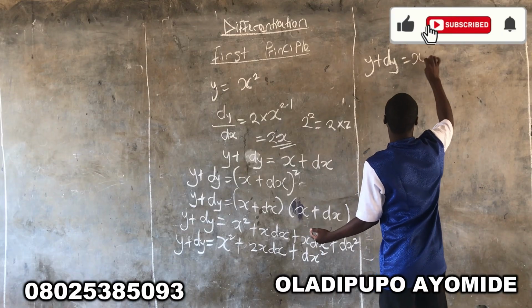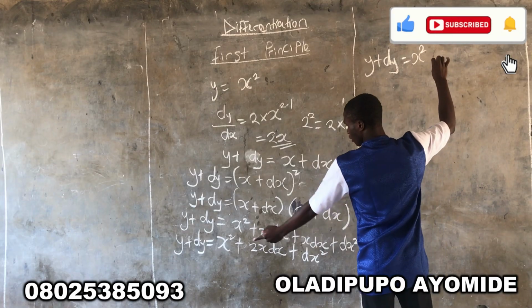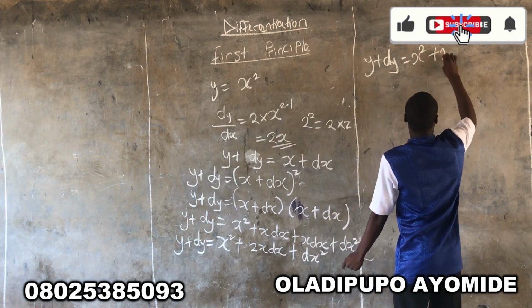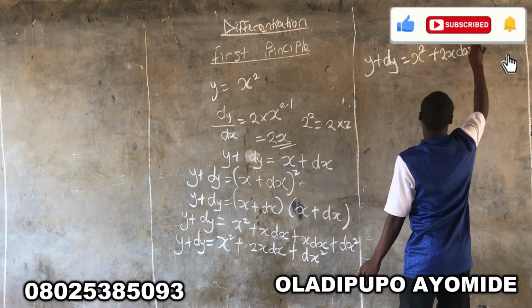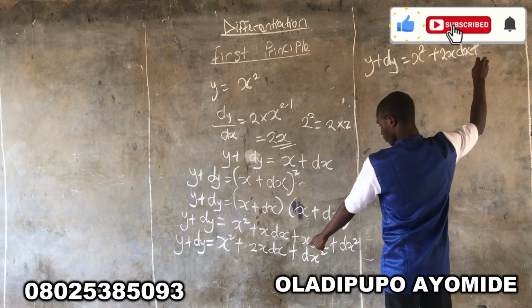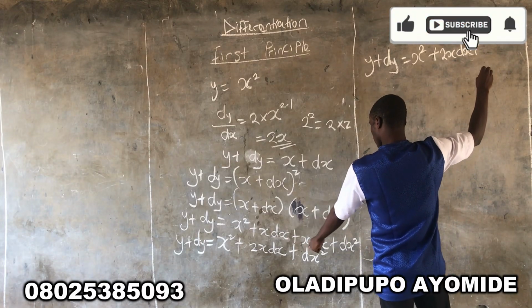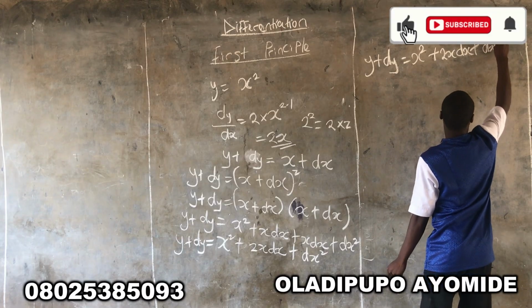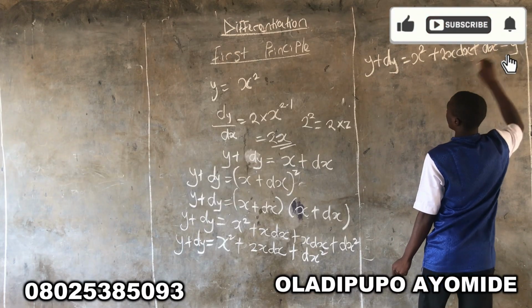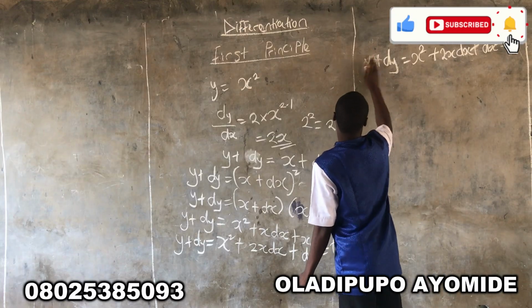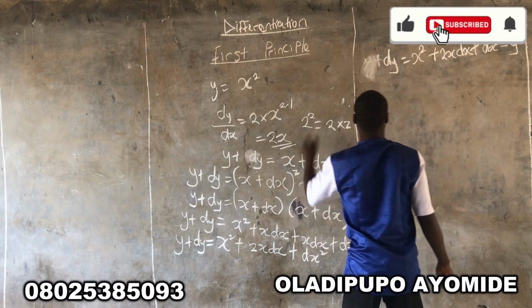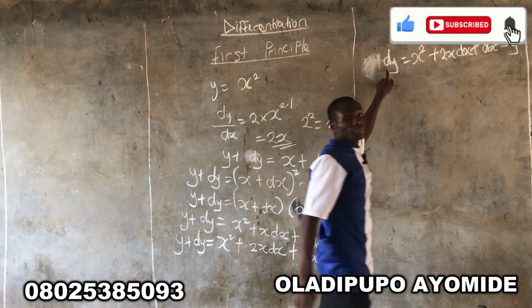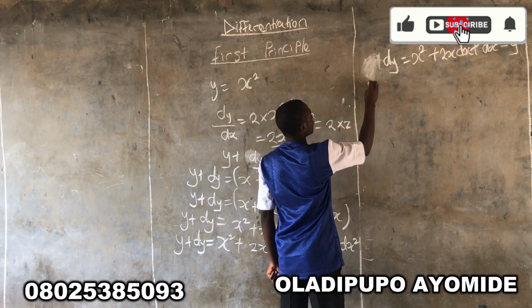So now x squared plus 2x dx plus dx squared minus y. Since y is crossed over here, it remains dy here.